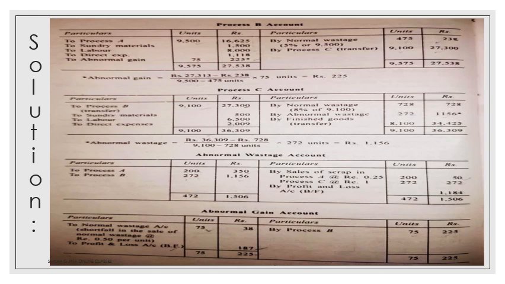We'll get the per unit cost and then multiply it by the 75 units of abnormal gain. You'll get the income of 225, which is shown here on the debit side. Then we are carrying forward not the abnormal gain, we have to carry forward the closing figure of 9,100 units for rupees 27,300 to process C.